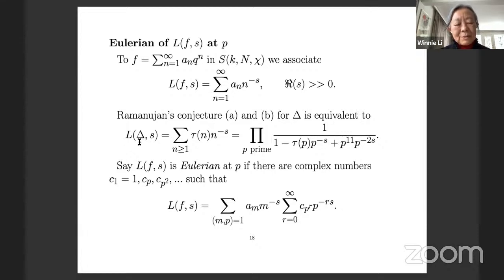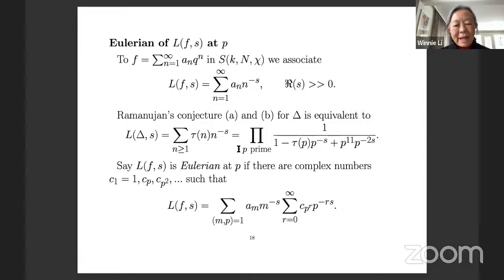So if we do this for the Ramanujan delta function, the conjectures A and B tell us that we can rewrite this L function as a product over the primes, which is, we can separate the primes. That's the A part. And the B part is the recursive relations, expressed as 1 over 1 minus τ(p) times p^(-s) plus p^11 times p^(-2s). Okay, so the L function attached to Ramanujan's function is very neat, expressed in this way.